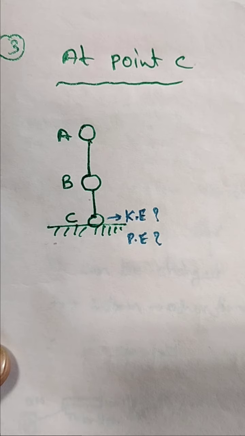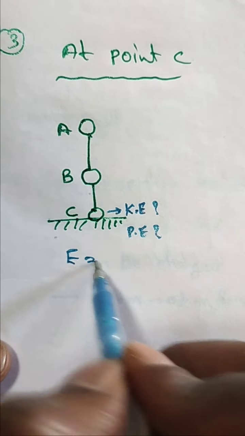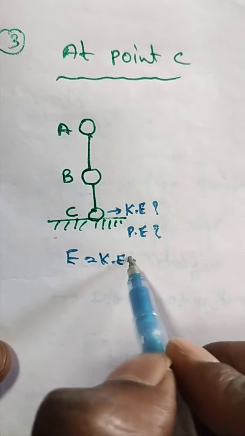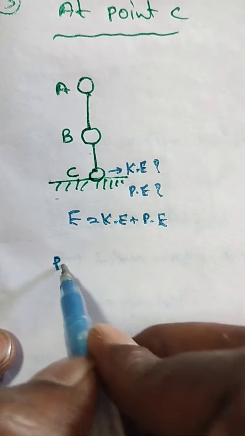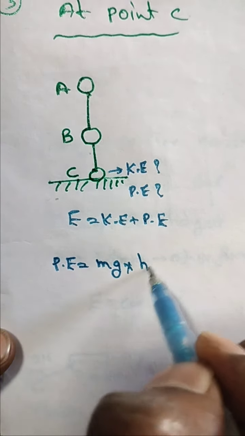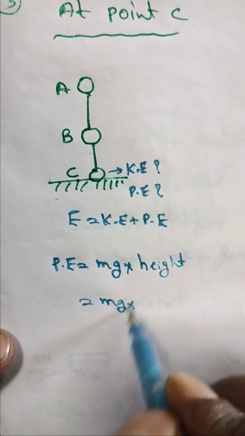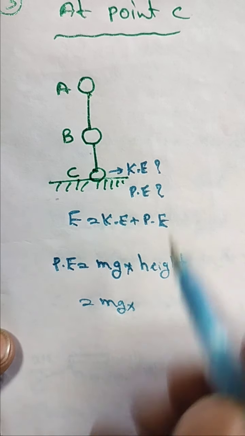This is my concentration. Because the total energy at point C is equal to kinetic energy plus potential energy. For this purpose, first take the potential energy formula mg into height. mgh general formula, mg into what is the height at the point C on the ground?